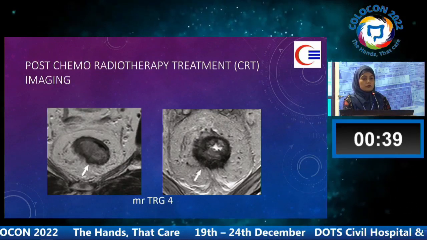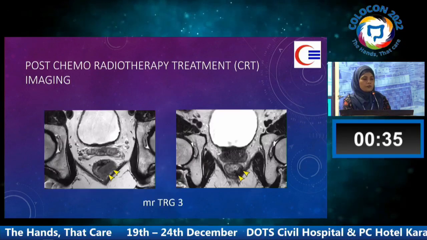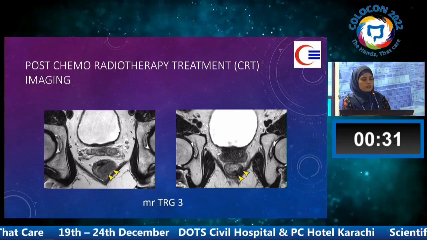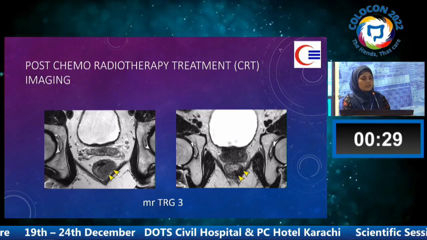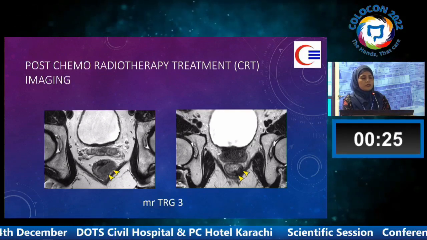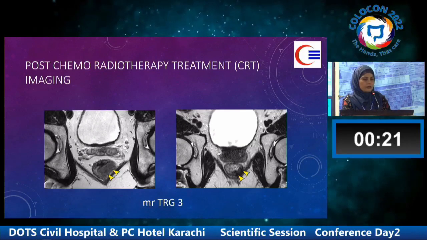So this was a poor response, TRG grade 4. Then another example in which a bulky tumor was there, and after CRT, extensive fibrosis was there, and intermediate signal was almost negligible. So this is a good response to the tumor, TRG grade 3.